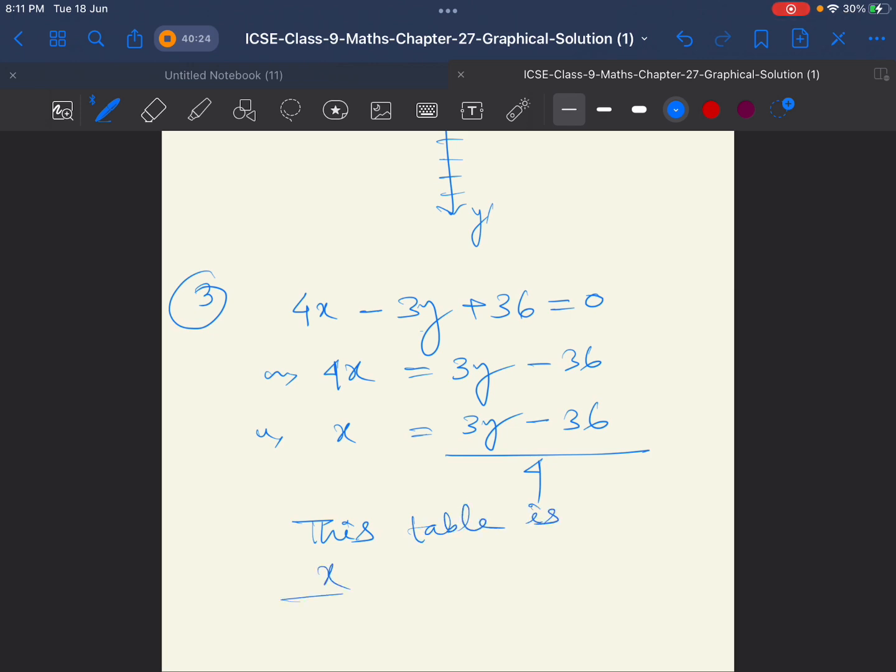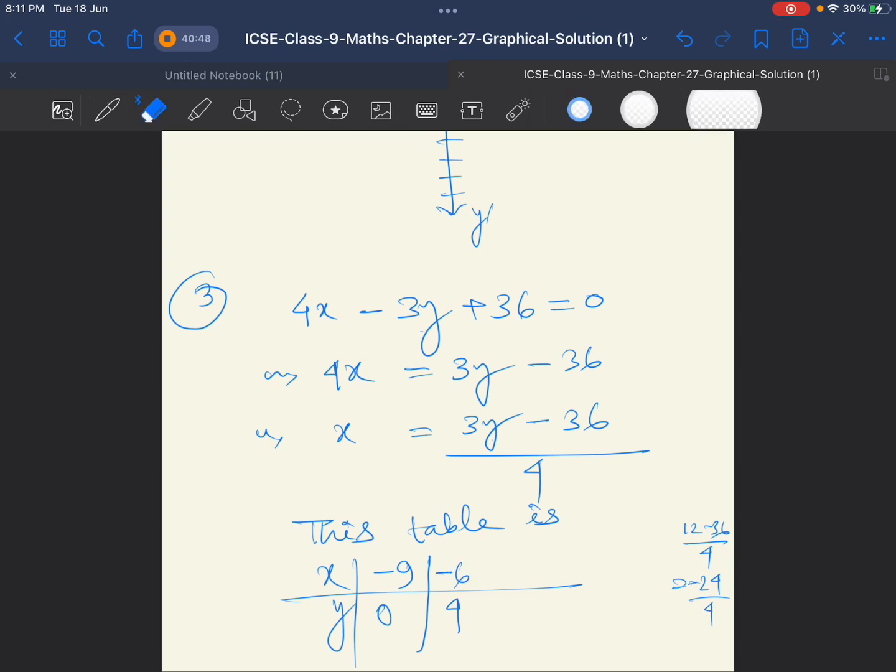This is the subject. Okay, now we make a table. The table is x and y value. So here we put y equals to 0, then we get minus 9. We put y equals to 4, then 12 minus 36 by 4, 4 minus 24 by 4, minus 6.